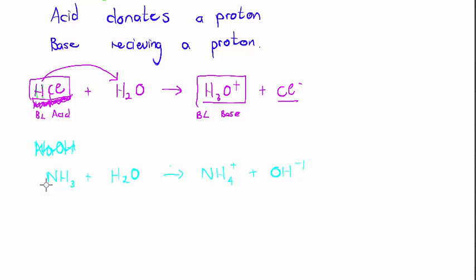Notice how the ammonia used to be just NH3, but it becomes NH4. So this is the base. He's the conjugate base because he got that extra hydrogen. And then this one is the acid.